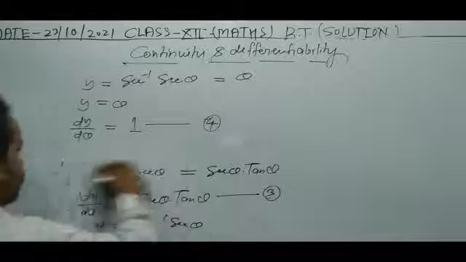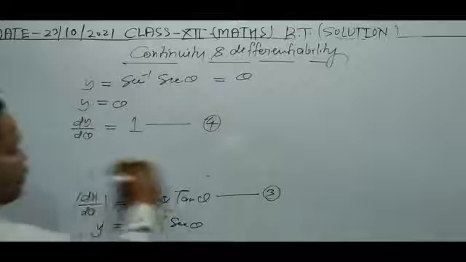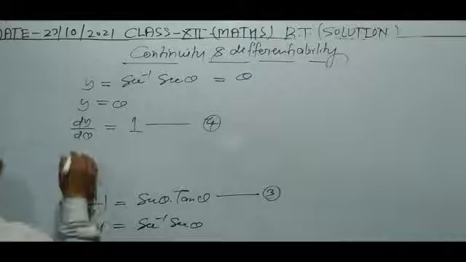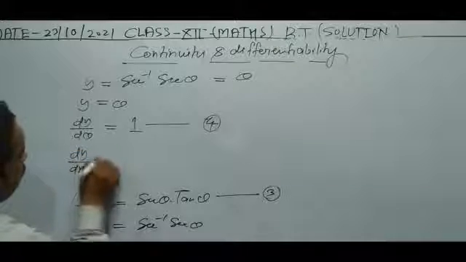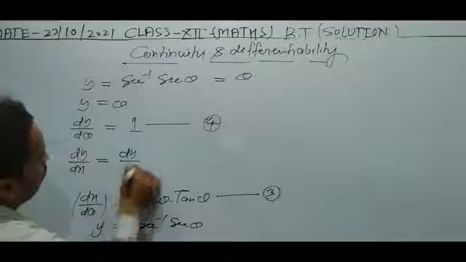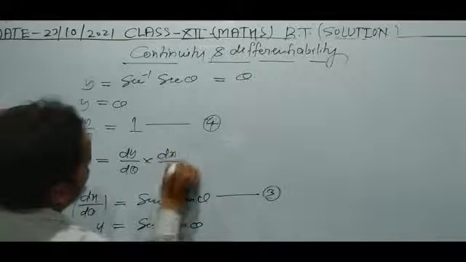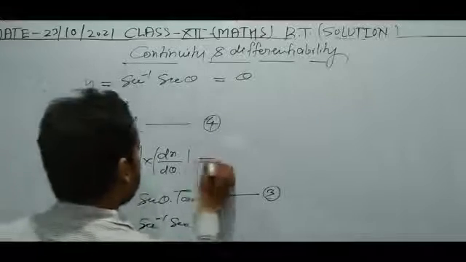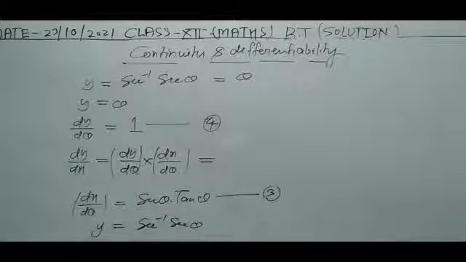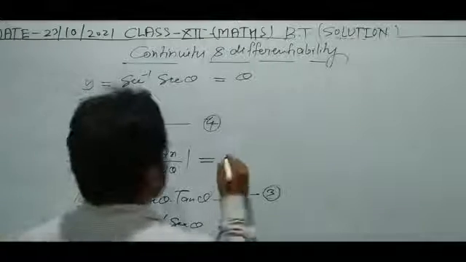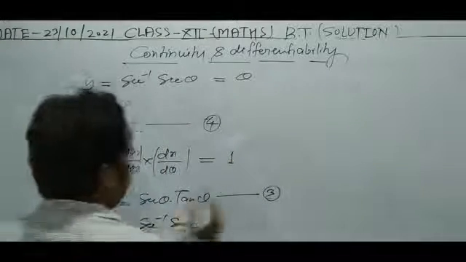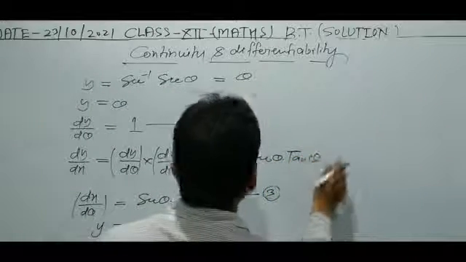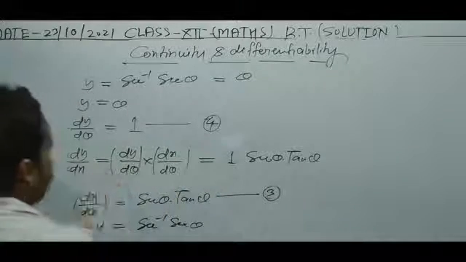Now since dy by dx, we can write dy by d theta into dx upon d theta. So dy by d theta result is 1 and dx upon d theta is sec theta into tan theta. This one we have to divide.